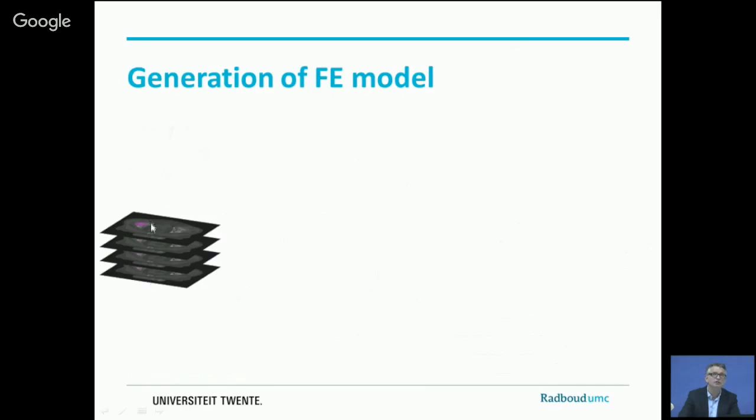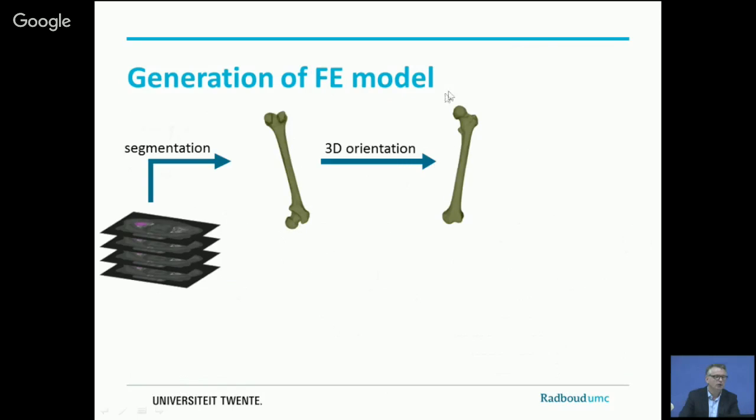So here you can see a number of CT scans. And we do the segmentation of these bones. Okay, we only focus on the bone. So here you see the bone shape. We orient that bone, and we make a model of that. So here you should be able to see that the bone is now consisting of a large number of elements.